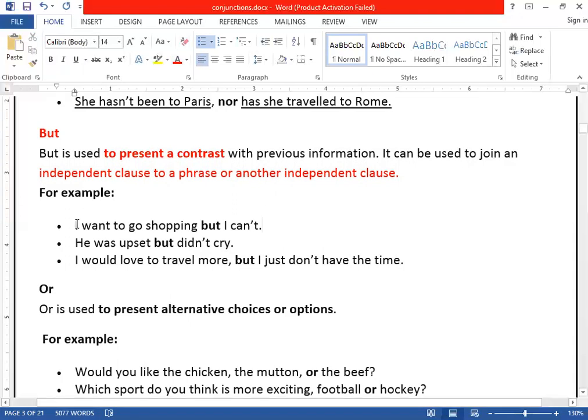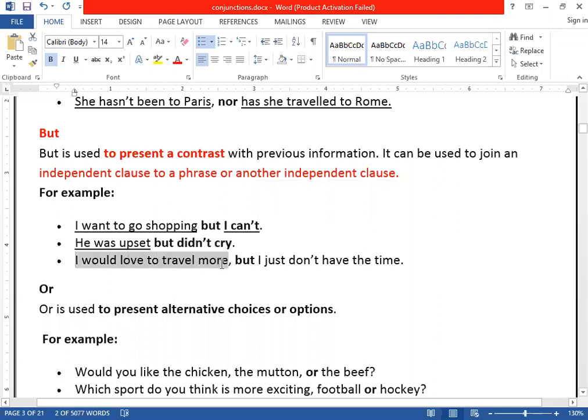Let's take an example. For example, I want to go shopping. This is one of the clauses. But I can't go. You want to show contrast. Another clause, and but is called a coordinating conjunction. He was upset, but didn't cry.